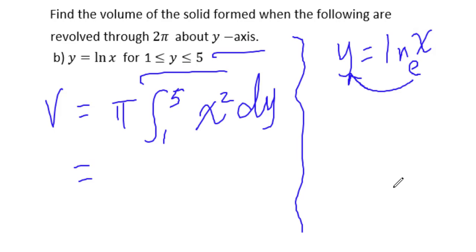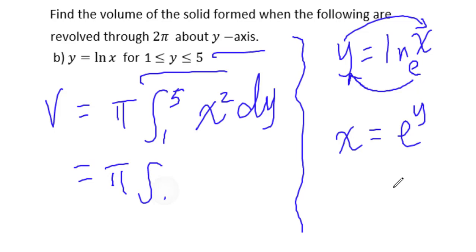We can do e to the y's power equals x. So you get x equals e to the y. Therefore, I get pi times the integral from 1 to 5 of e to the y, squared, dy.